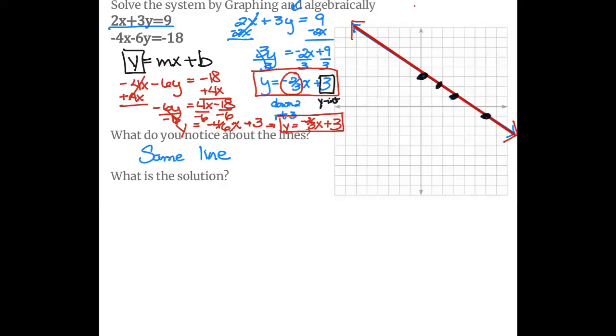That's another solution. Then you can do half of that, and half of that, and it's just over and over. And these are lines that go on forever. So that's why it's an infinite number of solutions.